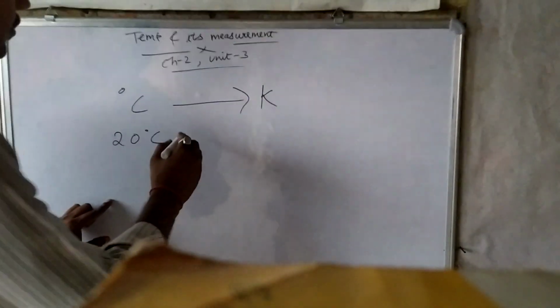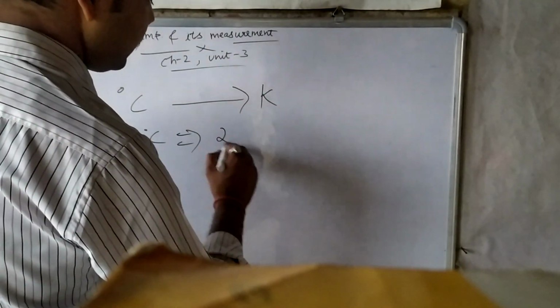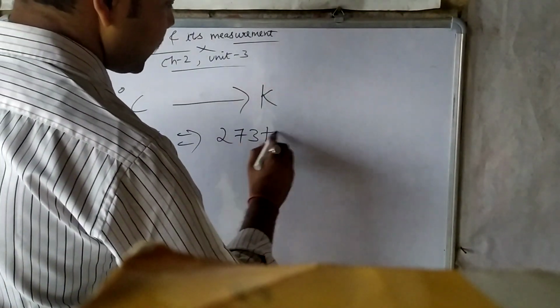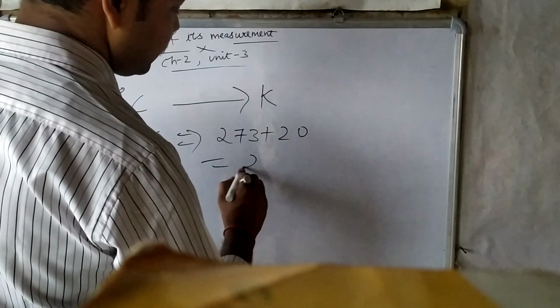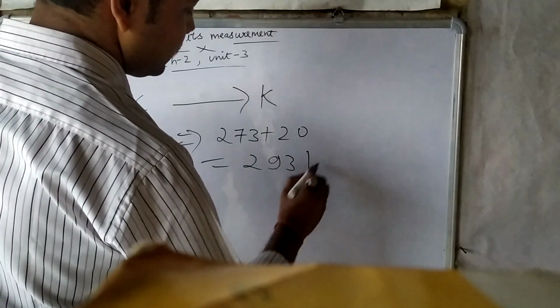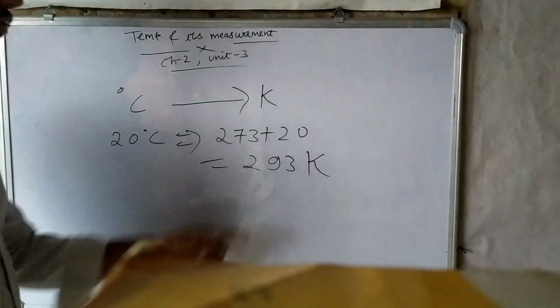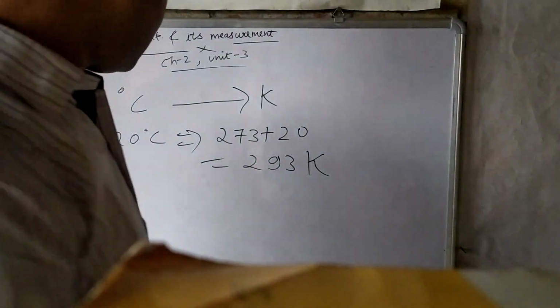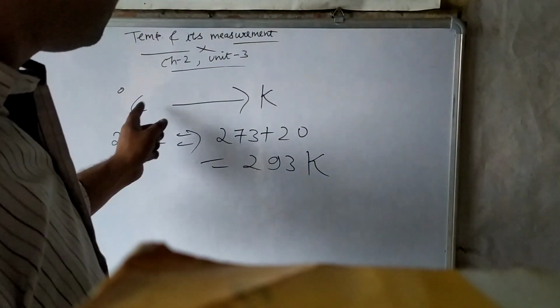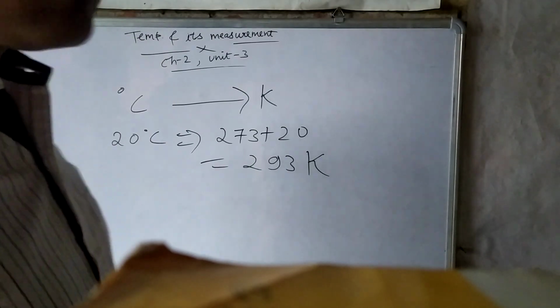So what will we do? We will add 273 plus 20, that is 293 Kelvin. By this we can convert degree Celsius to Kelvin scale.